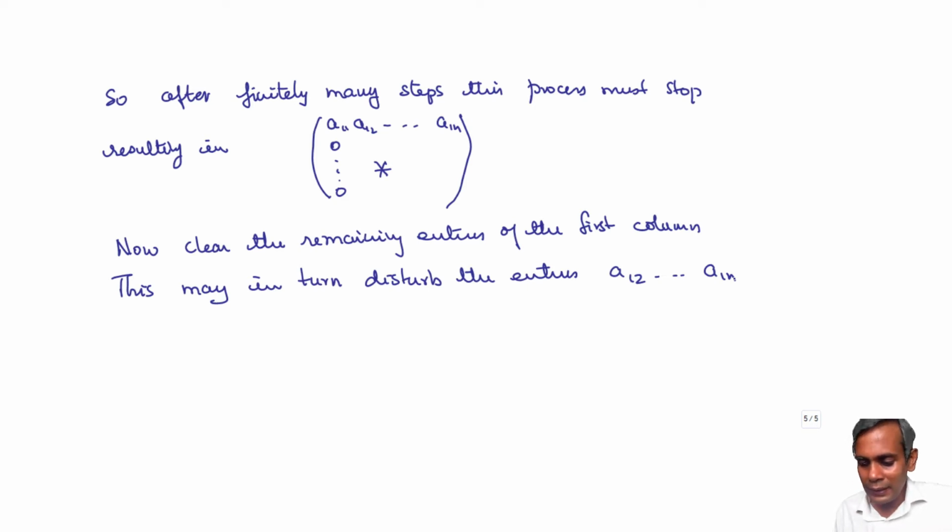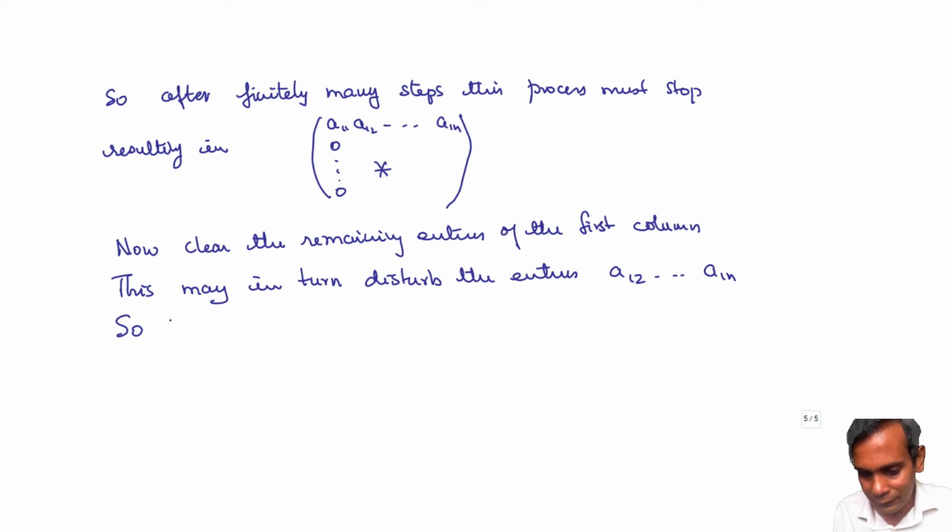But the point is, each time we have a non-zero entry in the first row or in the first column, we are able to do these row or column operations which strictly decrease the size of A11. So this process too must stop after finitely many steps.